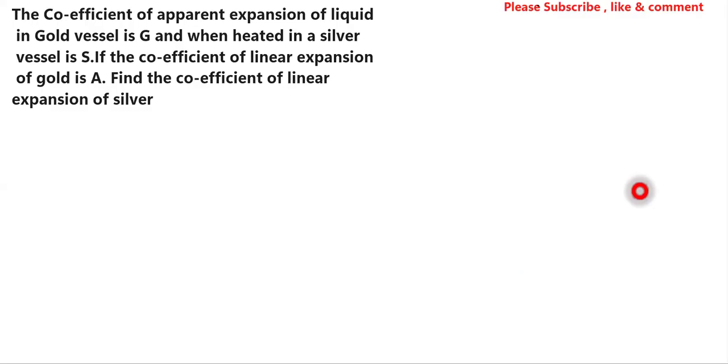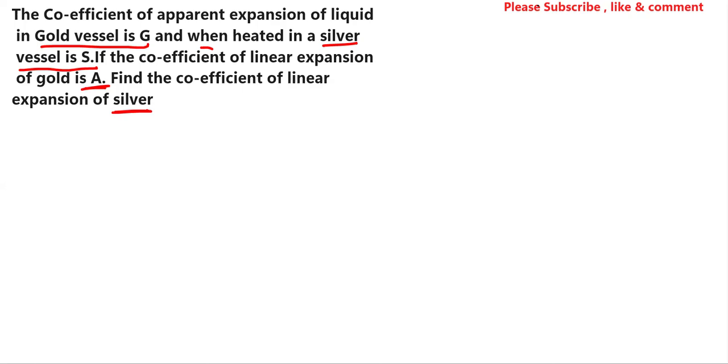Okay, students, we will discuss this particular problem based on the thermal expansion of liquids. The coefficient of apparent expansion of a liquid in a gold vessel is G, and when heated in a silver vessel is S. The coefficient of linear expansion of gold is A. Find the coefficient of linear expansion of silver.